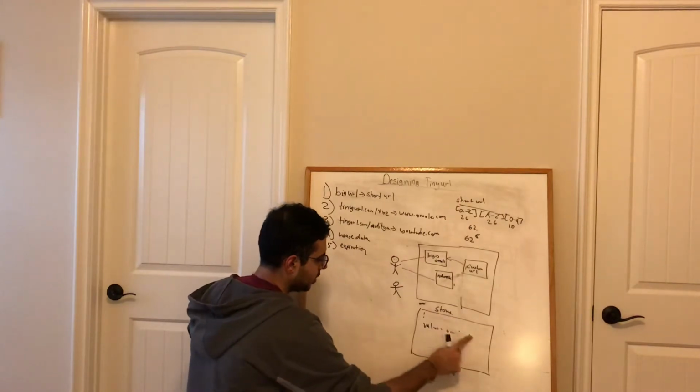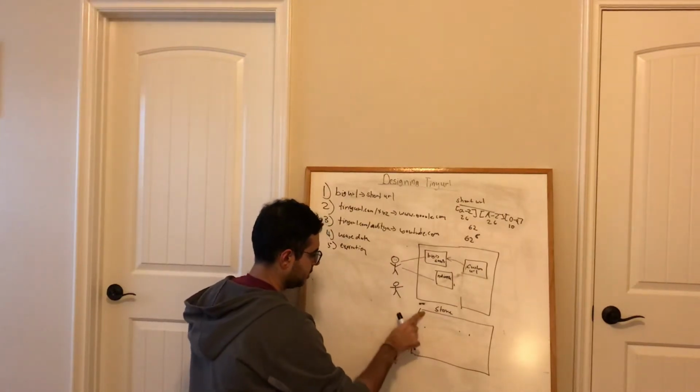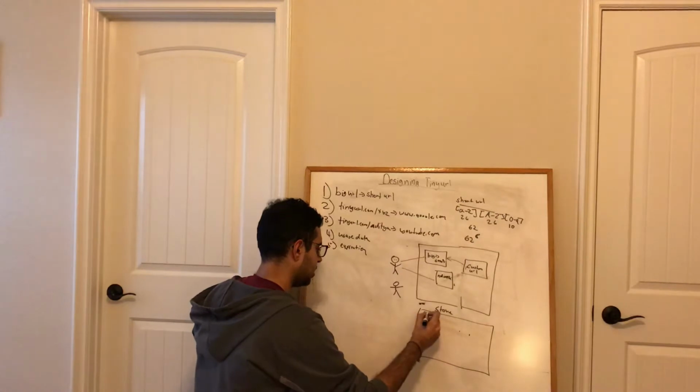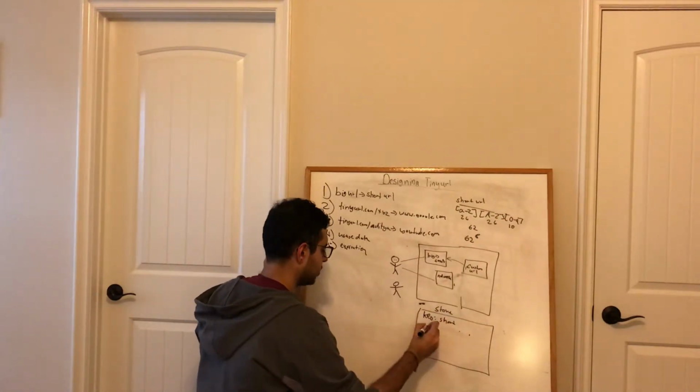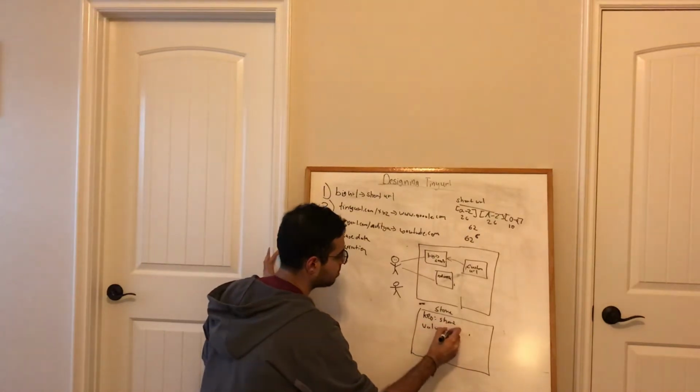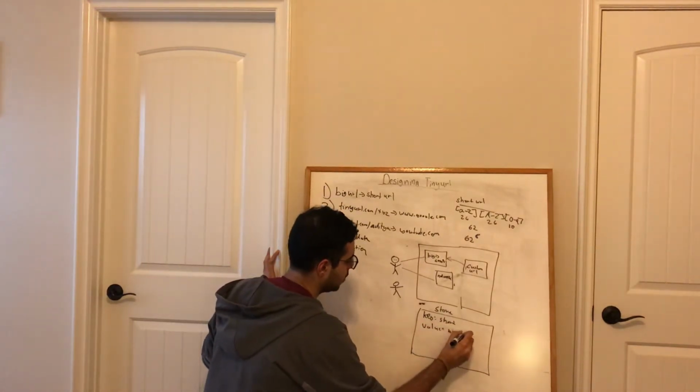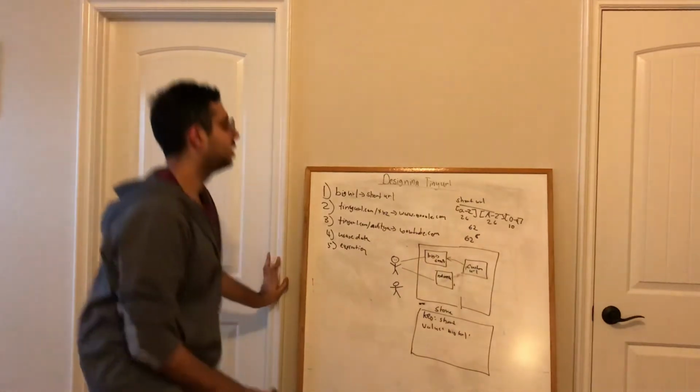So the key is short, and the value is the big URL. Okay, so we have that.